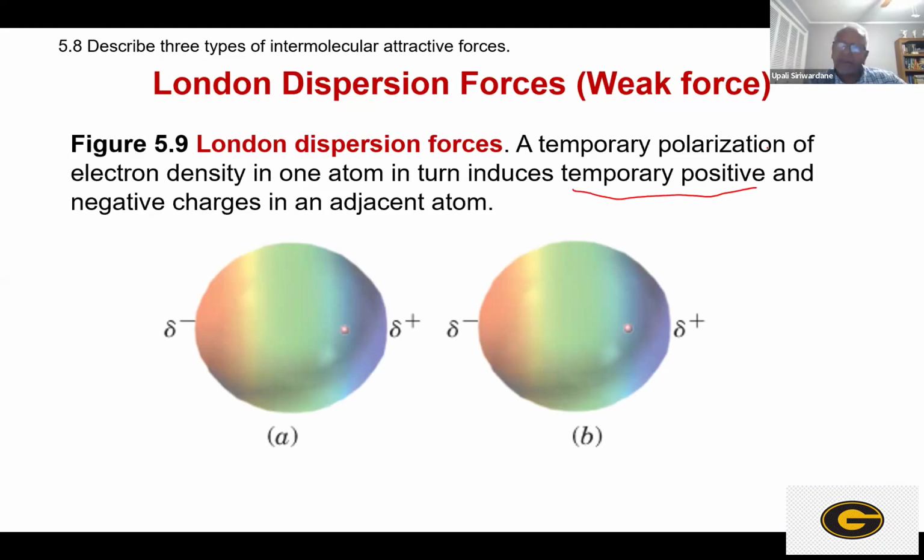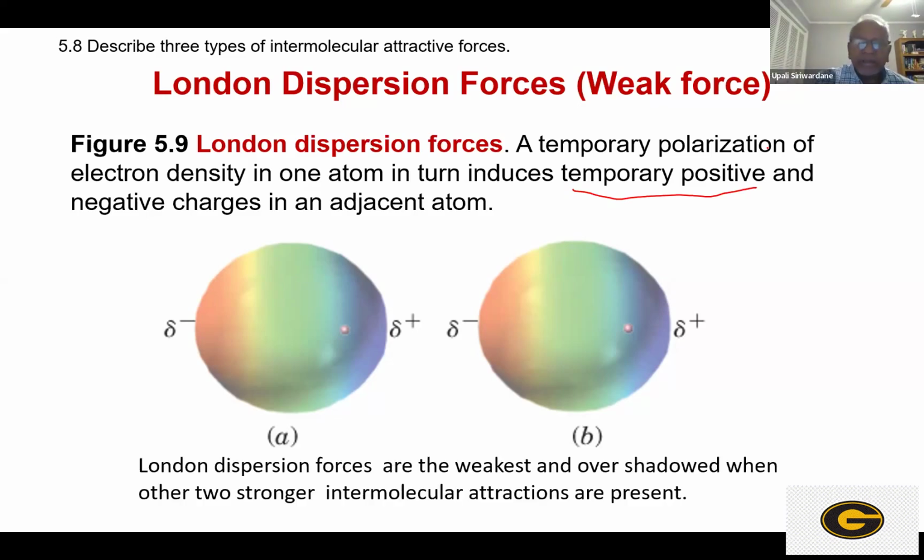It's an instantaneous polarization of the electron cloud of two atoms, ions, or between two particles. It's very weak. London dispersion forces are overshadowed when the other two are present. Therefore, this could only be seen when there's no other intermolecular force except London dispersion.